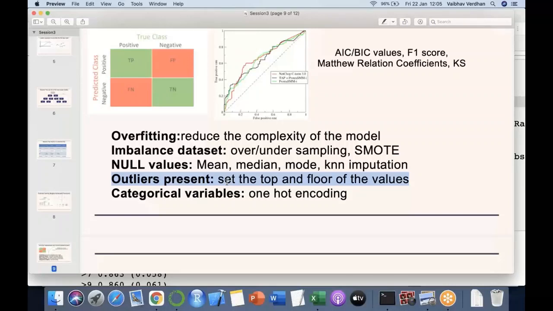That is an outlier. Or let's say you have 100 customers, and those 100 customers make phone calls of 100 minutes in a month on an average.